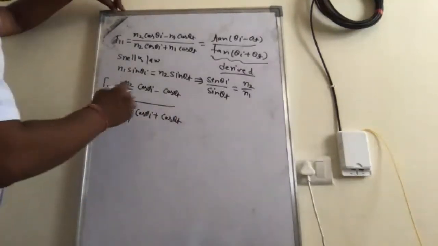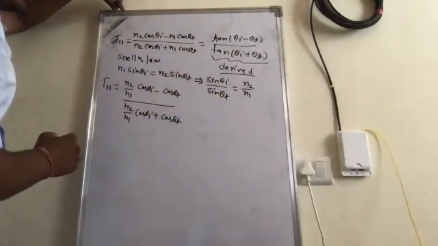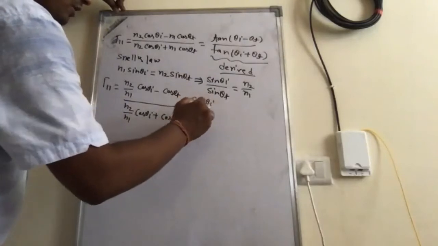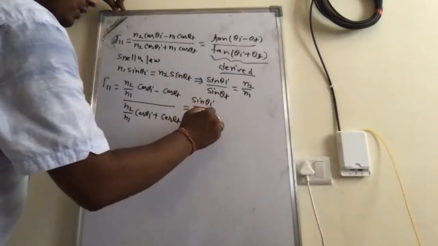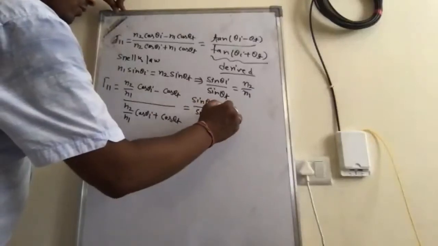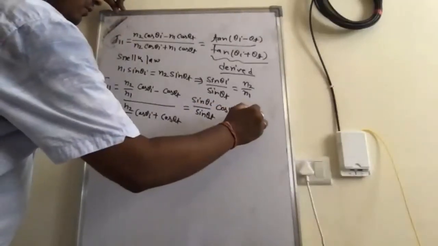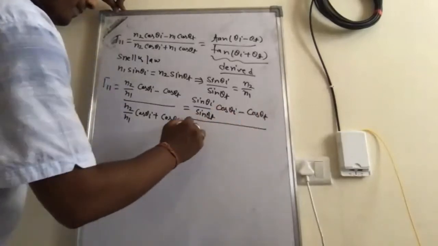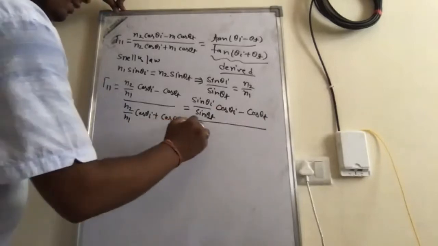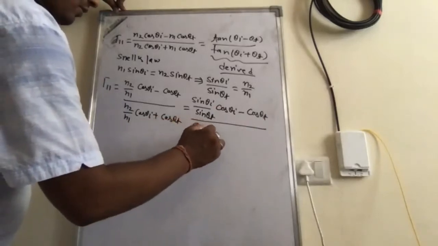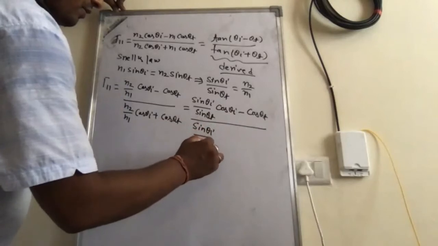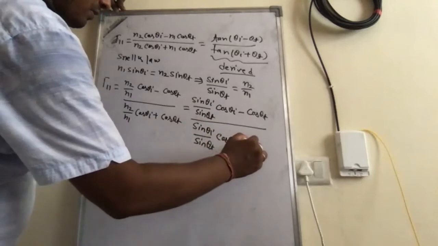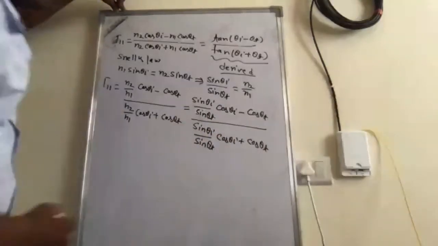Okay, and we can write this n2 upon n1 is equal to sin theta I upon sin theta t. So sin theta I upon sin theta t into cos theta I minus cos theta t divided by sin theta I upon sin theta t into cos theta I plus cos theta t.